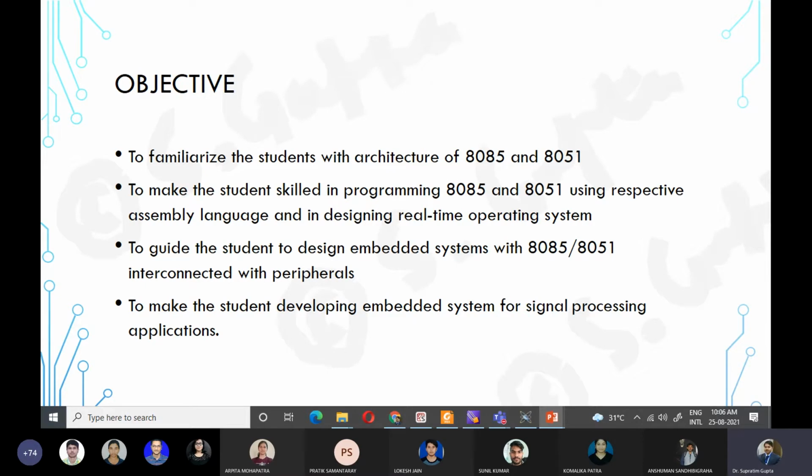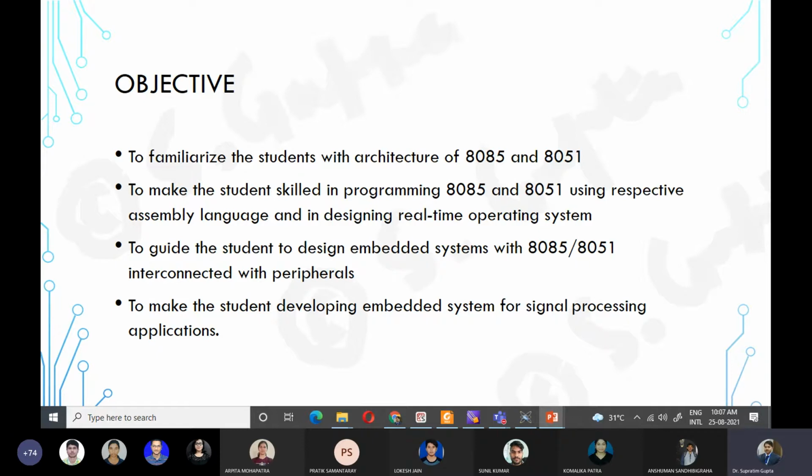There are similarities, and if you know 8051 or 8085 assembly languages properly, then you can extend that knowledge and learn the new things you come across later on.